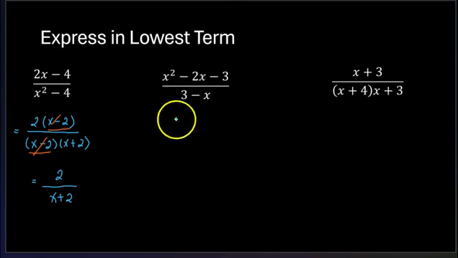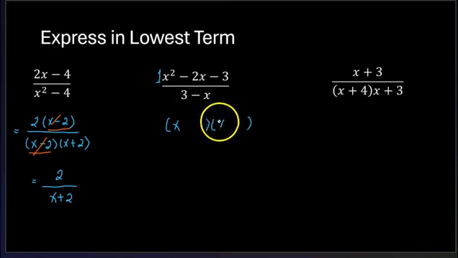So we also have to check if this can be factored. This is a trinomial, and if you look at this, this is not a perfect square. So that means you have to do trial and error. Okay. Now for the first one here, there's 1 as the numerical coefficient. So we don't have any choice.